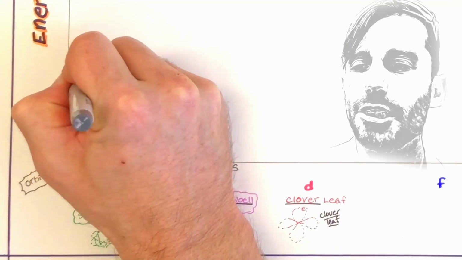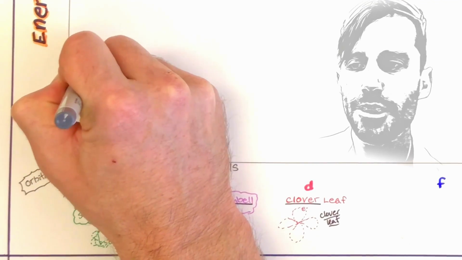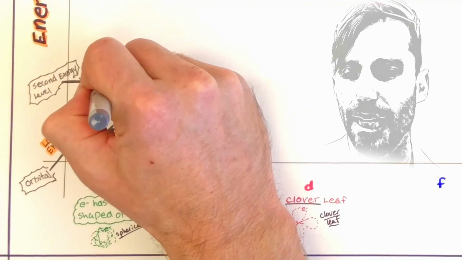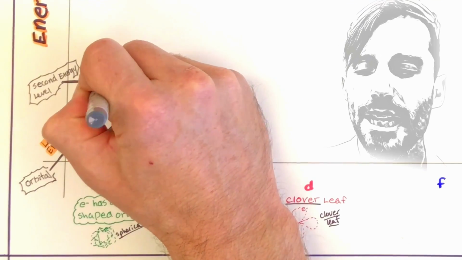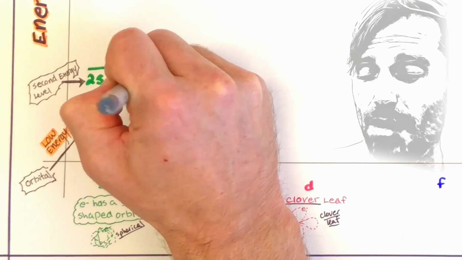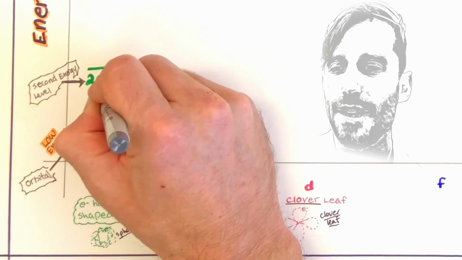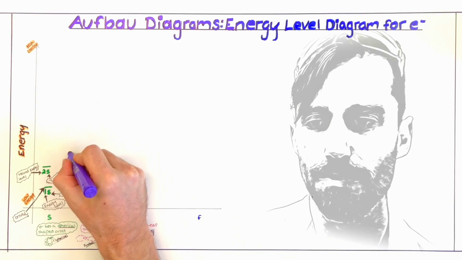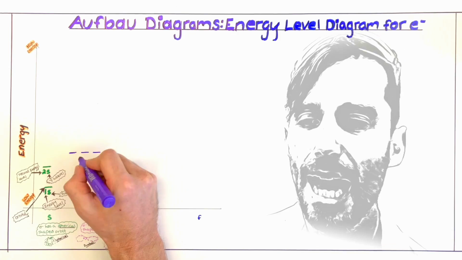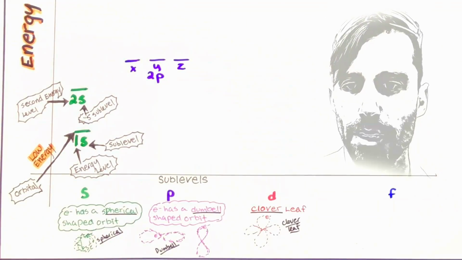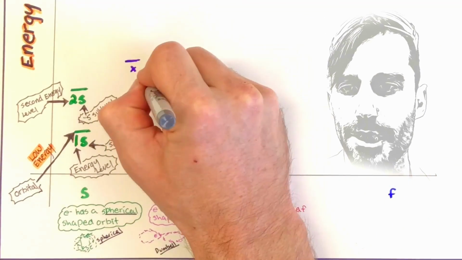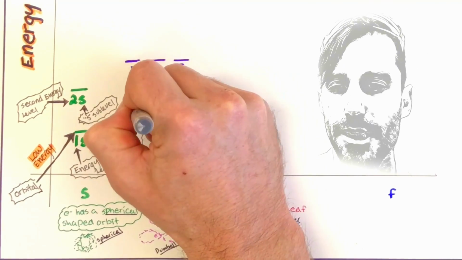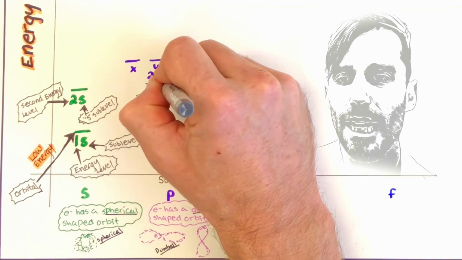So again, the 2 is the energy level that we happen to be in. So we're in the second energy level with the 2s, and the S here is the sublevel that we're in. Now let's go to the P. The P has 3 orbitals, and they're X, Y, and Z, so you can think about them going in the X direction, the Y up and down, and then Z kind of out towards you.